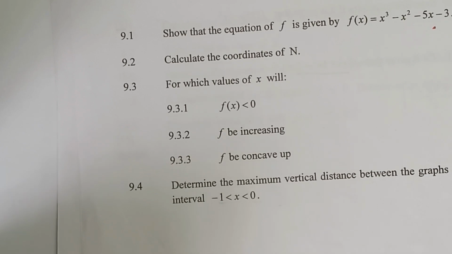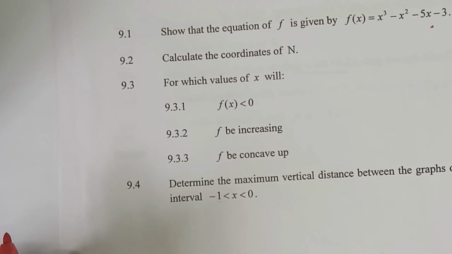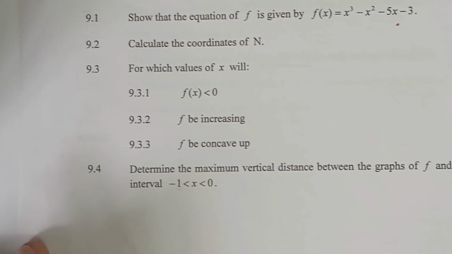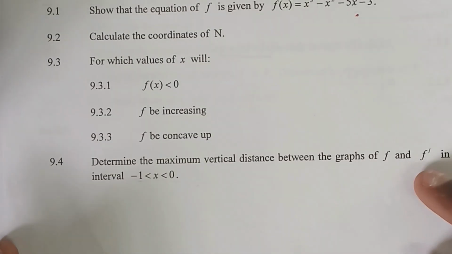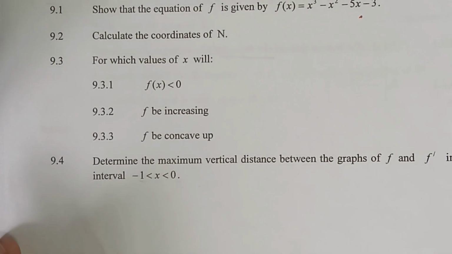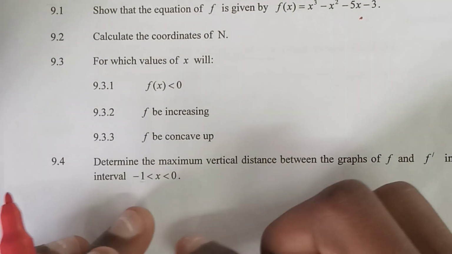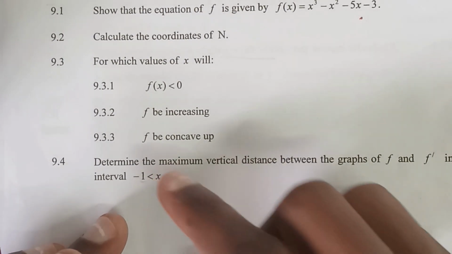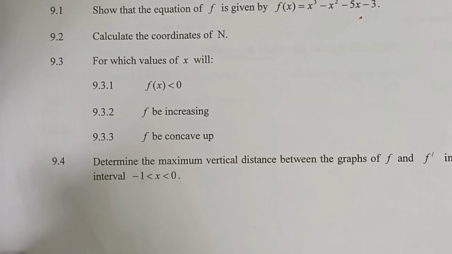And now we have to look at 9.4. The question itself says here, determine the maximum vertical distance between the graph of f and f prime in the interval where x is between 0 and negative 1.